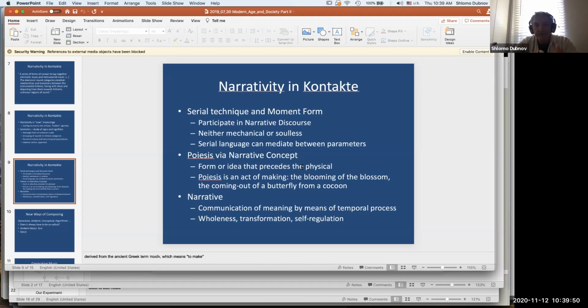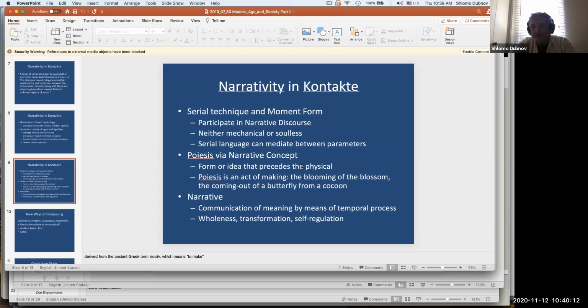If narrative is the way you already created that story, narrative is about the way the final product is done. Poiesis is this internal motivation, internal intent.